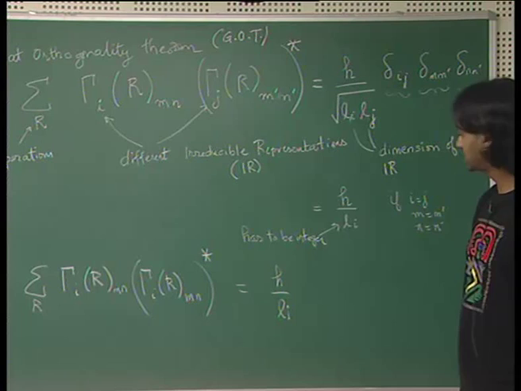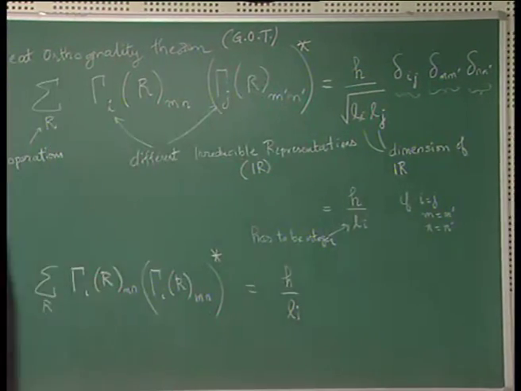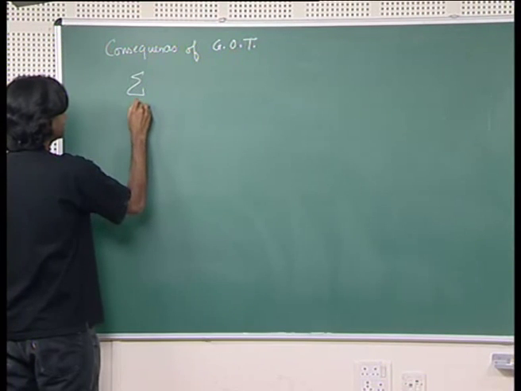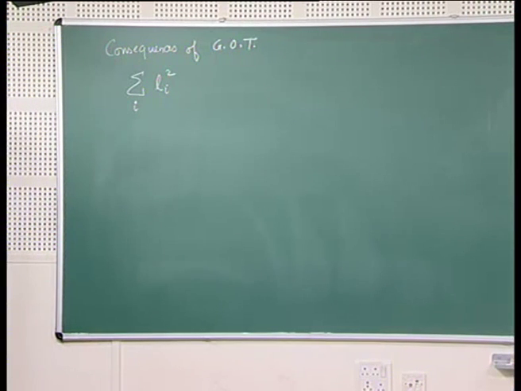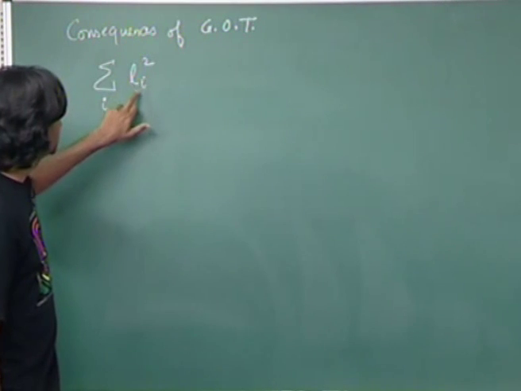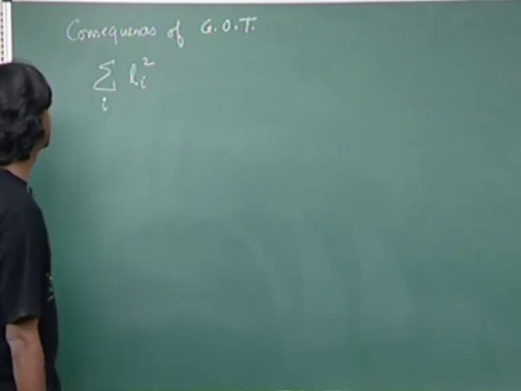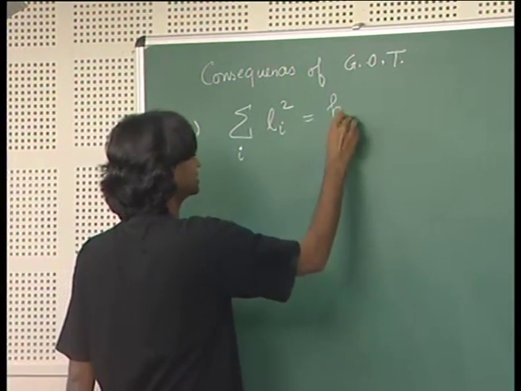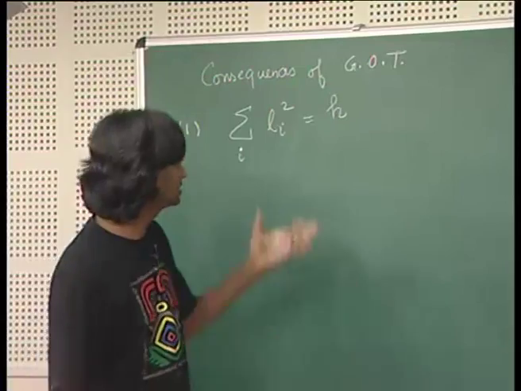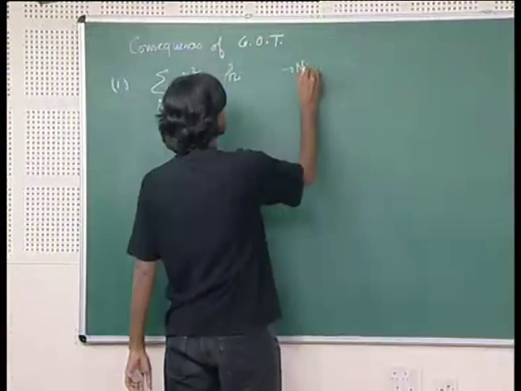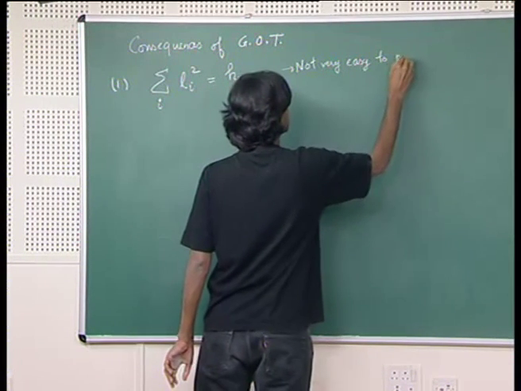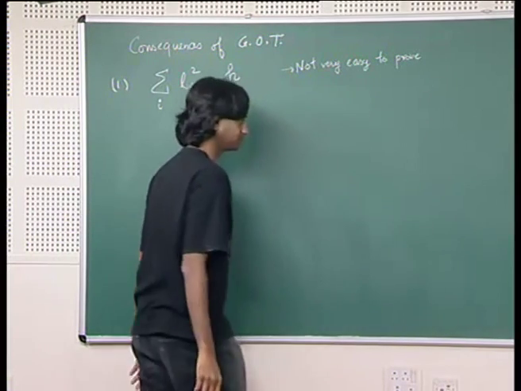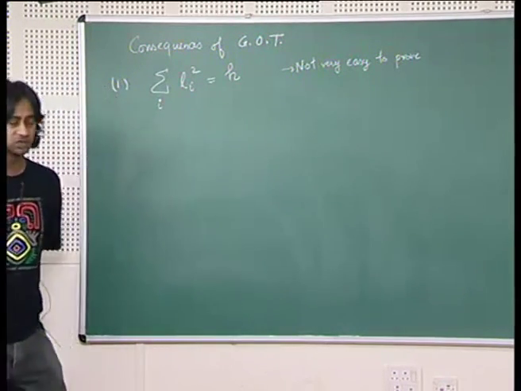Now you can easily see that if I sum over all irreducible representations the squared dimensionalities of the irreducible representations, this sum of squares of the dimensionalities is equal to h. This is actually not so easy to prove.